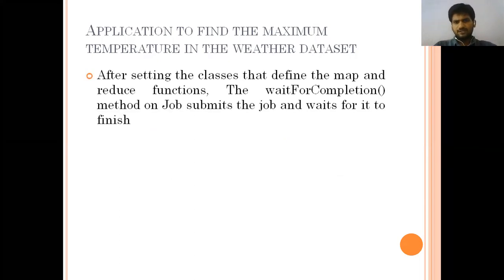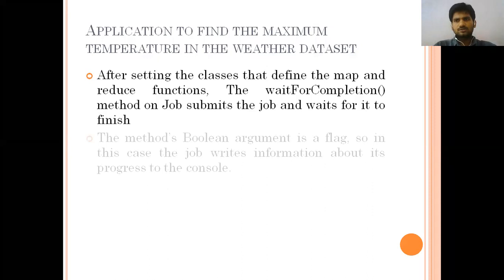After setting the classes that define the map and reduce functions, the wait for completion method on job submits the job, and it will wait for it to finish. Where was it used? I remember the code where it was used.